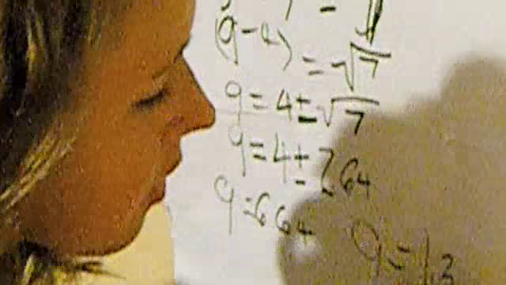So g equals and g equals. The first answer will be 4 plus 2.64, so 6.64. The second answer will be 4 minus 2.64, so 4 minus 2.64 equals 1.36.